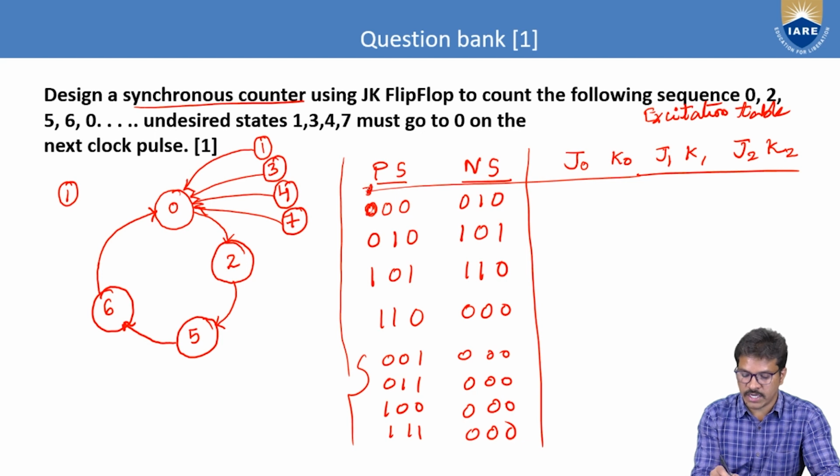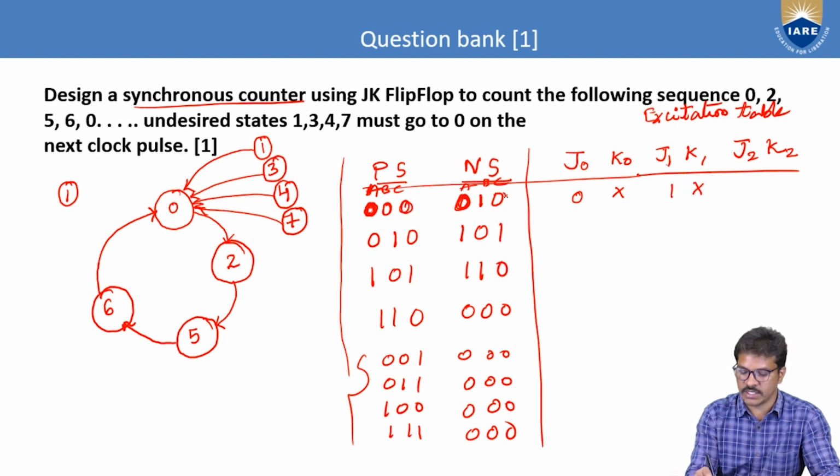the present state and next state I am representing with variables A, B, C. Compare with the A variable. Present state is 0, next state 0, then J0 K0 is 0x. Present state is 0, next state 1, then J1 K1 is 1x.